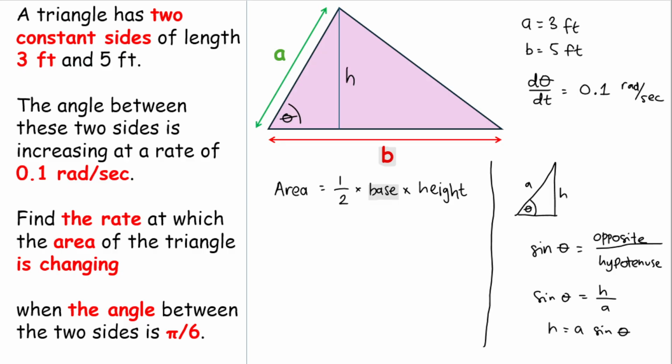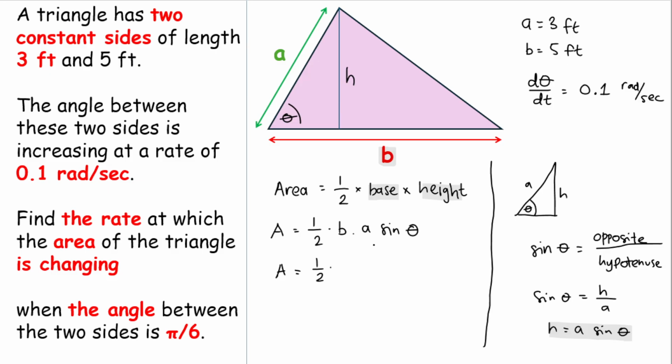Good. So we know that the height is this one here. So let's plug that in. So we will have the area, let's denote it as A, is equal to 1/2. And then the base is B. And then the height here is A sine of theta. Remember, B and A are constant, so we can just plug that in.